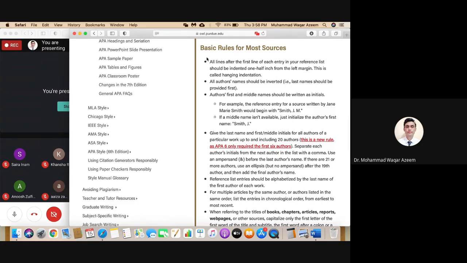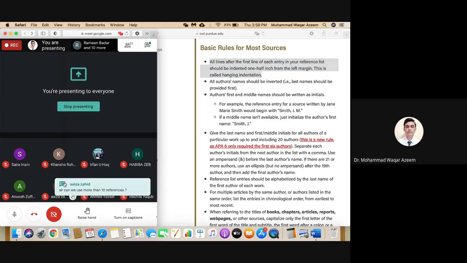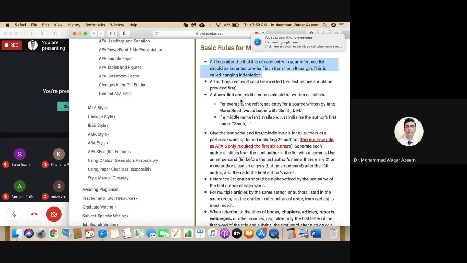If you look at the first one, it says all lines after the first line of each entry in your reference list. By reference list, we mean the list of the resources, okay, or the list of the annotated bibliography, right? All the resources in there. So all lines after the first line of each entry in your reference list should be indented 1/2 inch from the left margin.